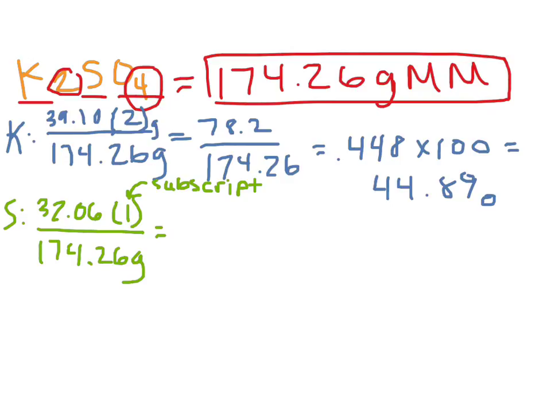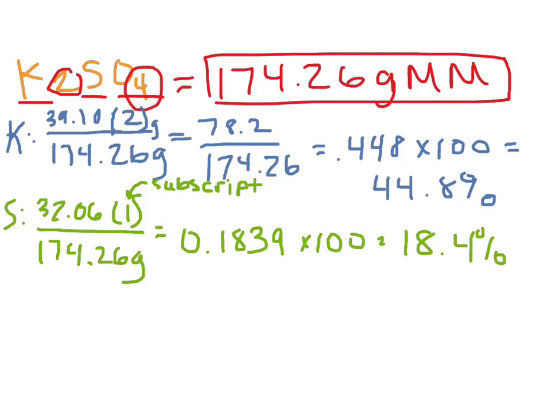I'm sure he probably told you that, but legit, don't round until you're all said and done. So you're going to get 18.4%. As you can tell, I was able to determine that the other ones are going to be significantly less, because you already have 45% basically already used up.